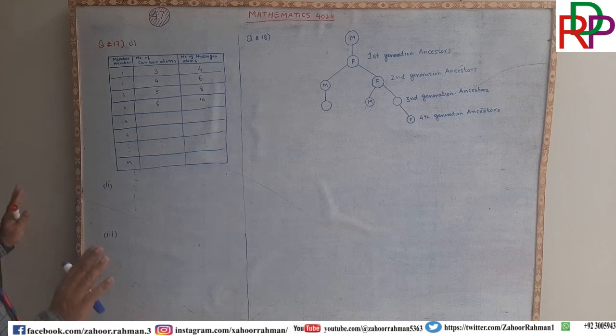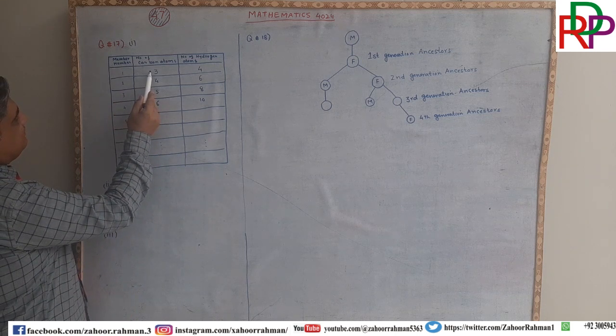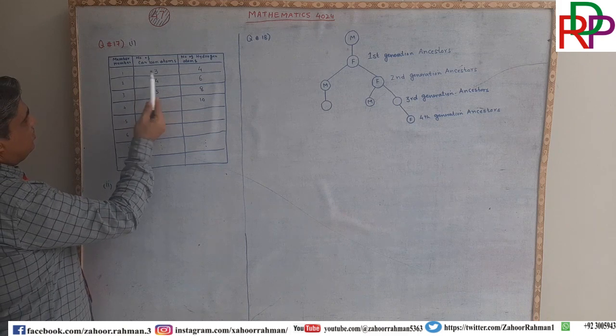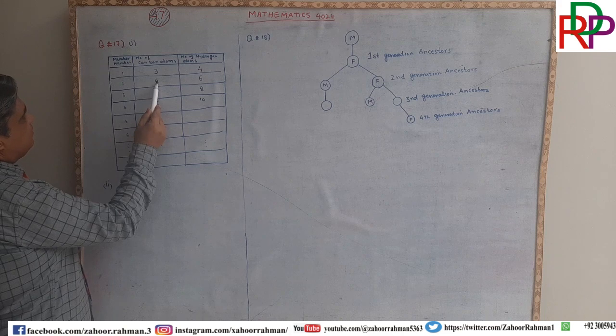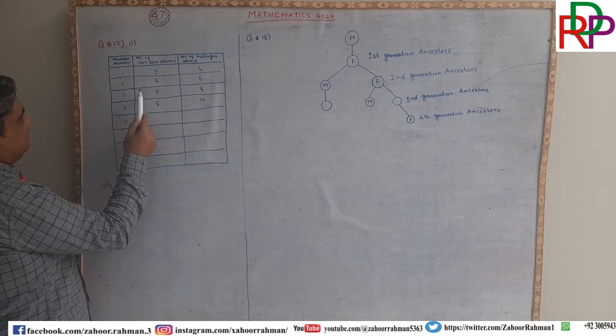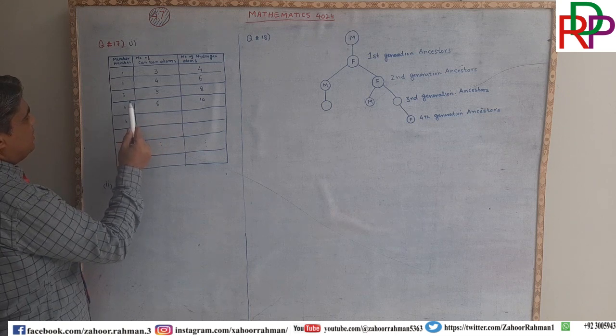First we have to look very closely at it. 1, 3. What is the difference? That is 2. 2, 4. What is the difference? 2. 3, 5. What is the difference? 2. 4, 6.